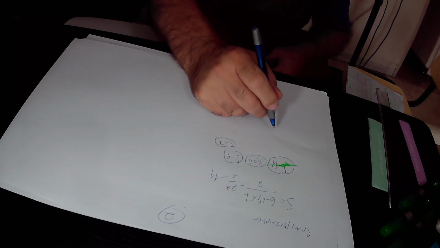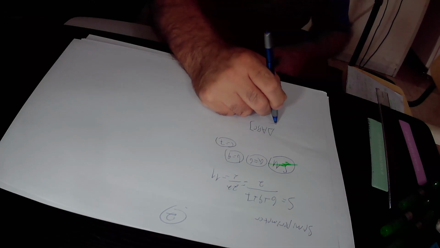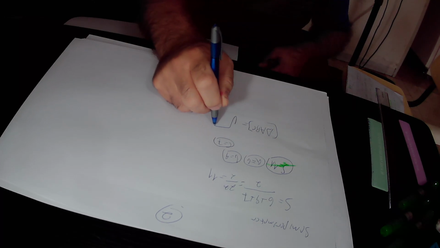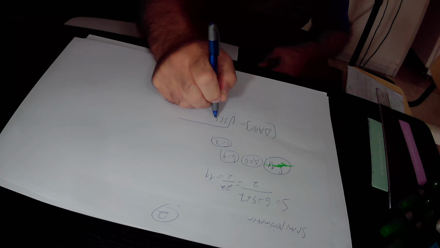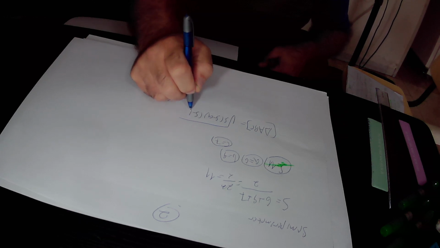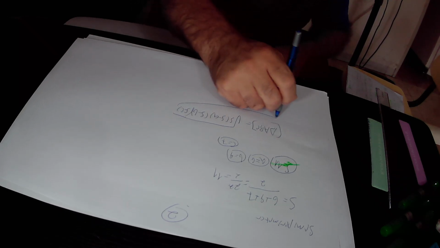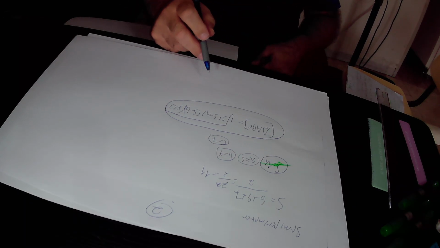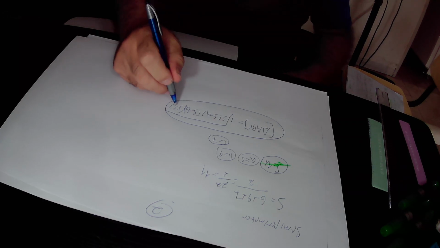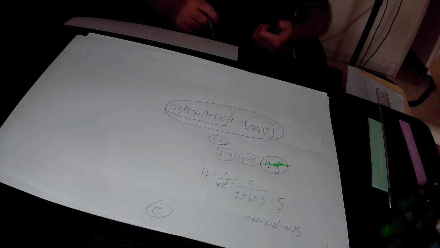The area of triangle ABC equals the square root of S times S minus A times S minus B times S minus C. S is the semi-perimeter of the triangle, and A, B and C are the side lengths of the triangle.